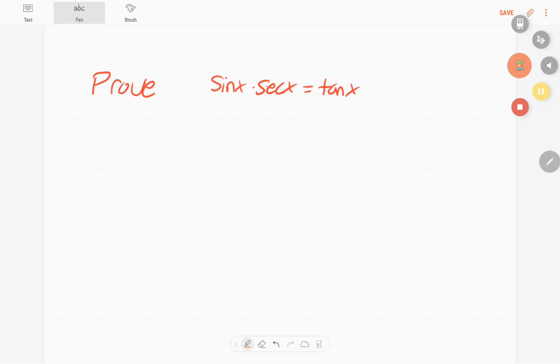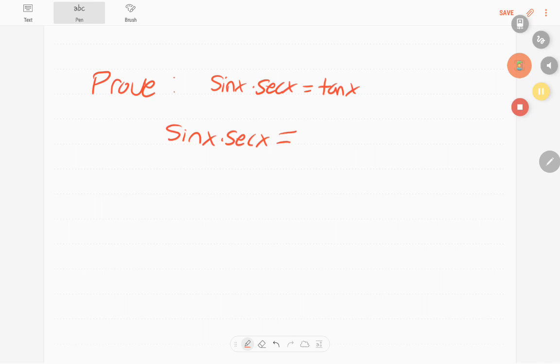So if I'm asking you to prove that, what you're going to need to do is show it. I don't want to start with the final statement. This is what I'm trying to show. So I will start with my proof statement right there, sine of x times secant of x.